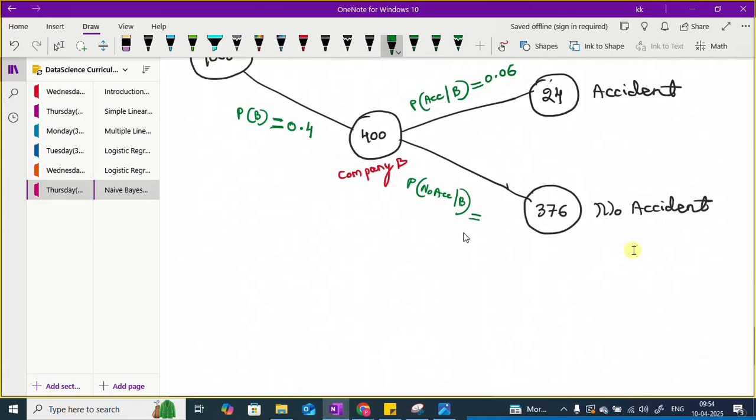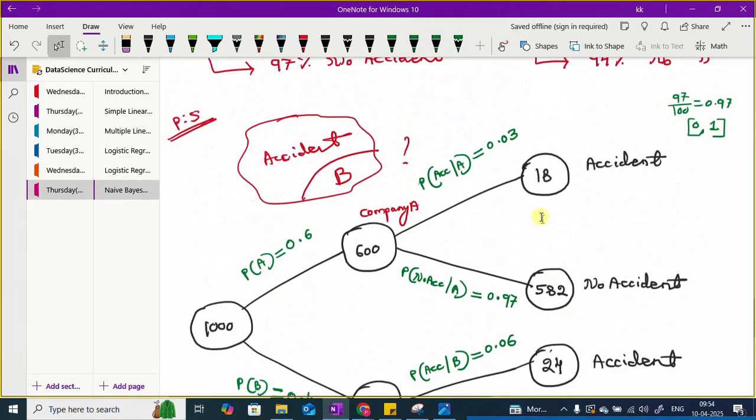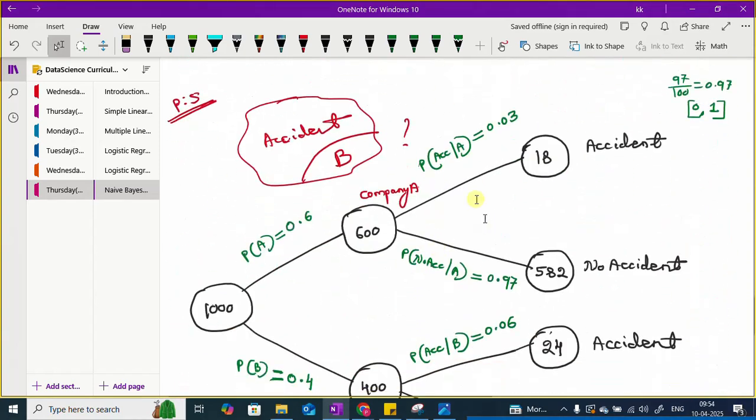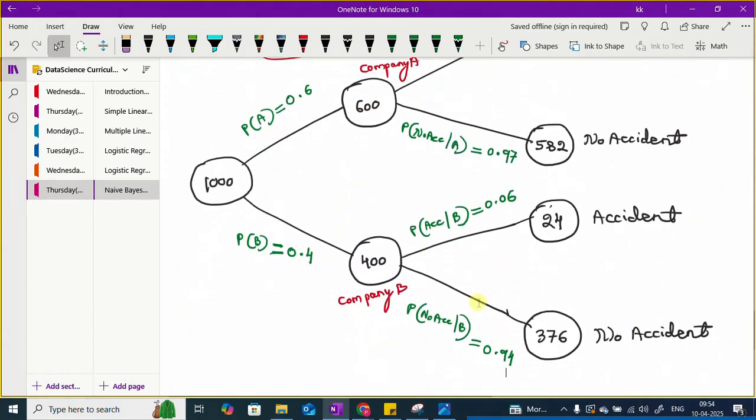So can I write 0.94? This is the extra information that I derived based upon my knowledge from the given problem statement. This is not given, guys. These are the things written in the green color. I am deriving them from the question based upon my understanding. Clear, guys?